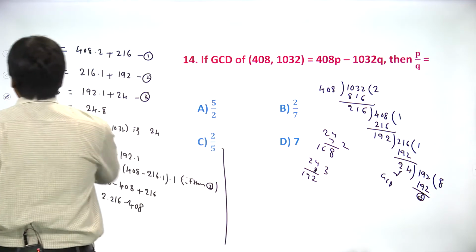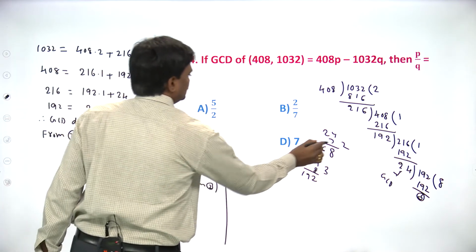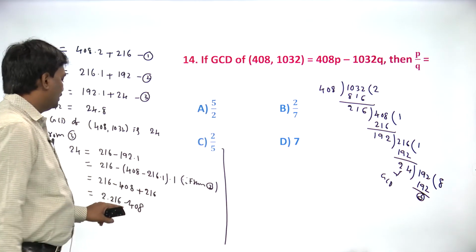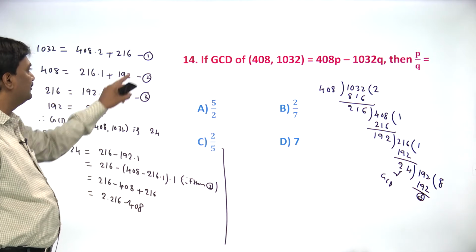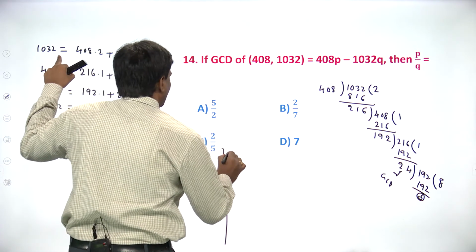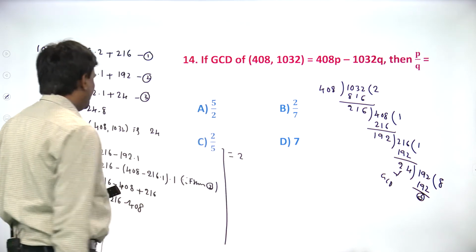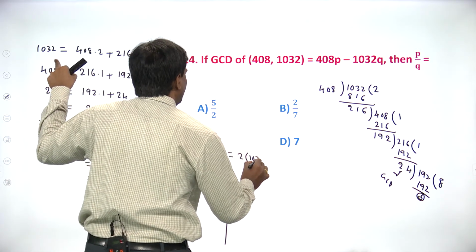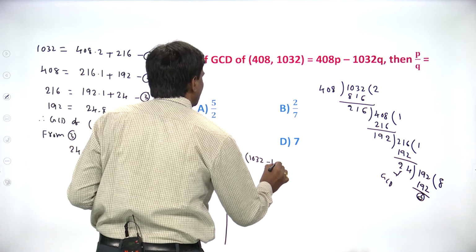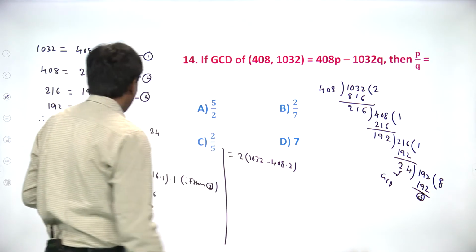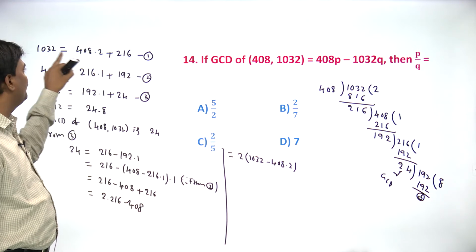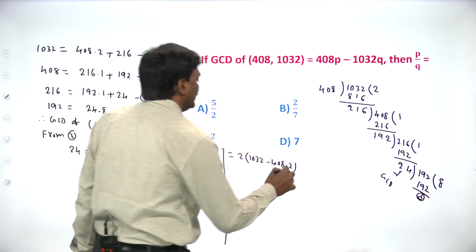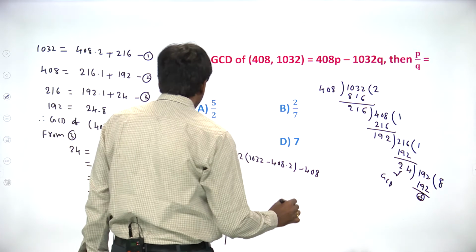So 2 into 216 minus 408, in place of 216, by using equation 1 we can write 1032. So 2 into 1032 minus 408 into 2 minus 408.